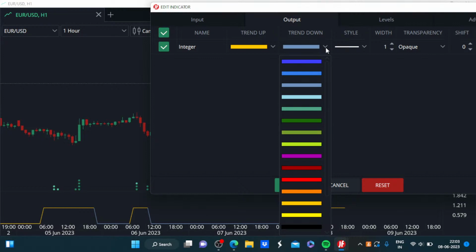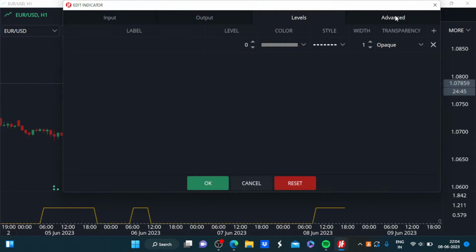But since it is an indicator with the binary output, its output is either 0 or 1, I don't really think this adding of any level is going to be of much importance, of much utility. Recalculate on new candle only, the output will remain fixed throughout the current candle period. If you opt in for this option, highlight the time period zone, whatever is your calculation period can be highlighted, but it is not going to be applicable for this indicator.